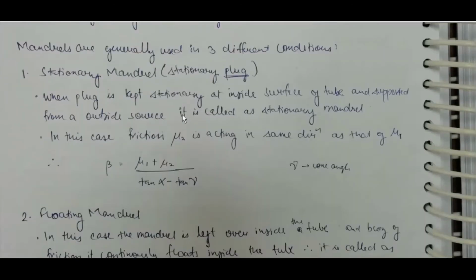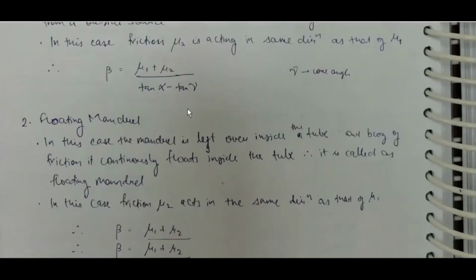Stationary mandrel, stationary plug. When the plug is kept stationary at the inside surface of the tube and supported from an outside source, it is called stationary mandrel. In this case, friction mu2 is acting in the same direction as that of mu1. Beta is equal to (mu1 plus mu2) by (tan alpha minus tan gamma), gamma is the cone angle.